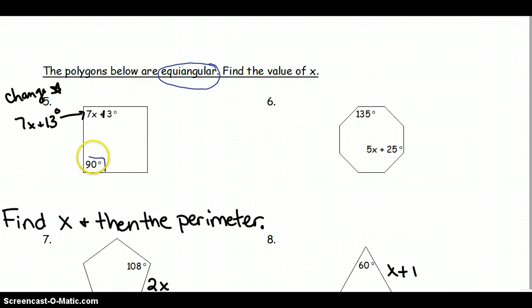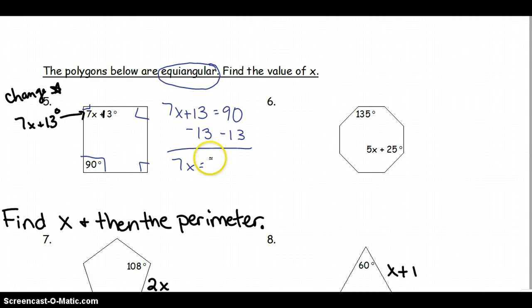So if this one is 90, we know that all of them are 90 because they all have to be the same. So we know that this angle, 7x plus 13, has to equal 90. So 7x plus 13 equals 90, and then you just solve for x. So you subtract 13, you get 7x equals 77, and then divide by 7, you get 11 for your answer.